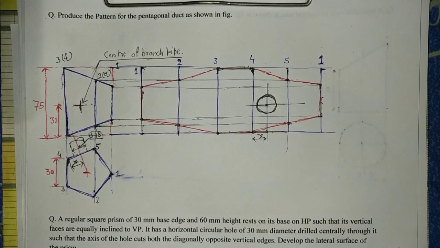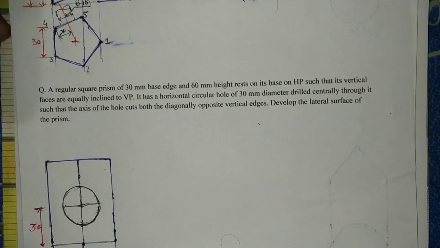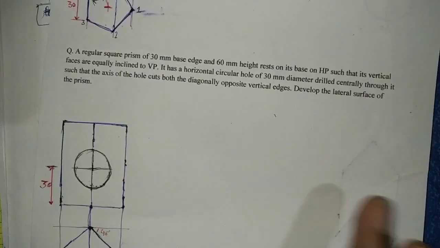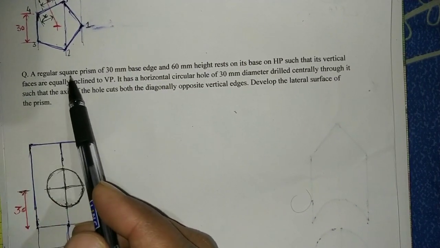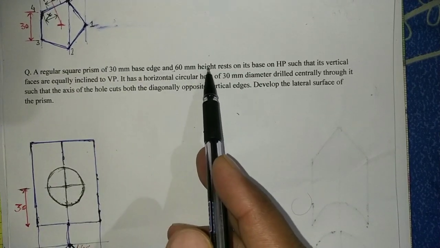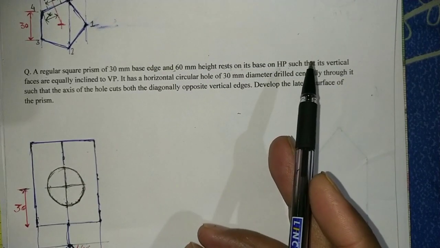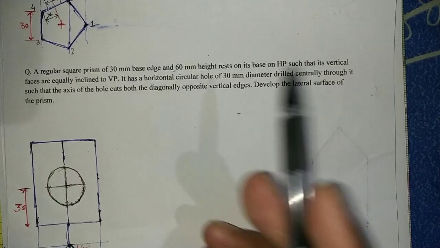Now we will move towards the next question. A regular square prism of 30 mm base edge and 60 mm height rests on its base on HP such that its vertical faces are equally inclined to VP.